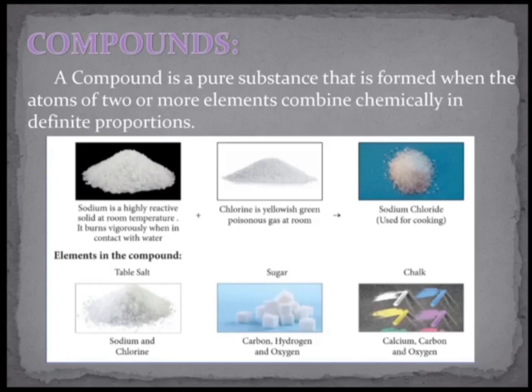In this example, sodium and chlorine give sodium chloride, that is common salt, a compound made of the elements sodium and chlorine. It is in our food, whereas sodium and chlorine are both poisonous and unsafe for consumption, but when they combine, they can be used in food.